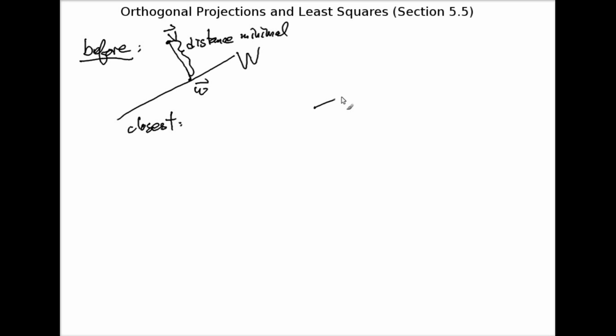On the other hand, what I'm doing now, given a vector V and a subspace W, I'm looking for the orthogonal projection, which makes this a right angle.